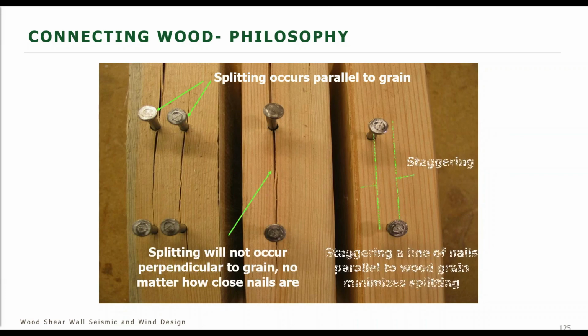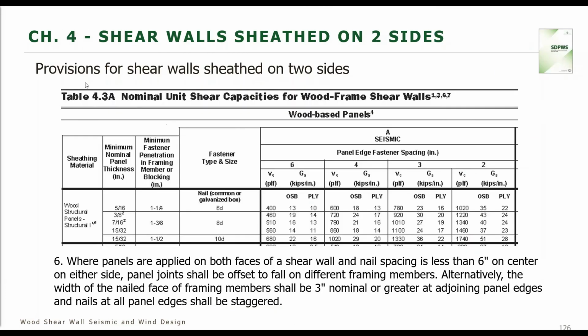Okay, so go there. And then we have double-sided shear walls. This is true for both seismic and wind. See footnote 6, which is for the entire table. There's footnote 6. It's where panels are applied to both faces of the shear wall, so double-sided shear wall, and the nailing spacing is less than 6 inches on center.